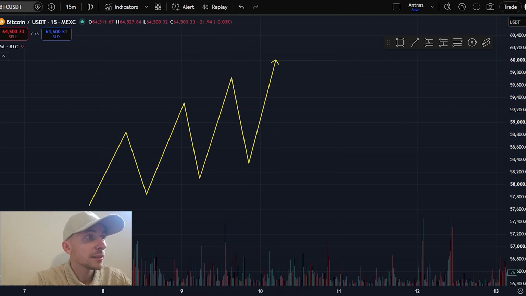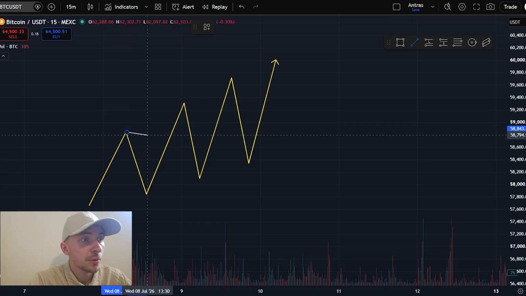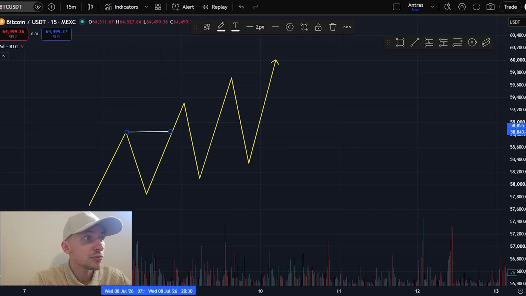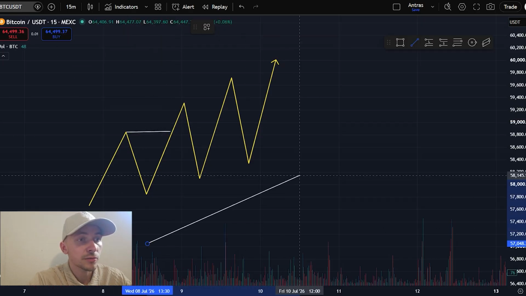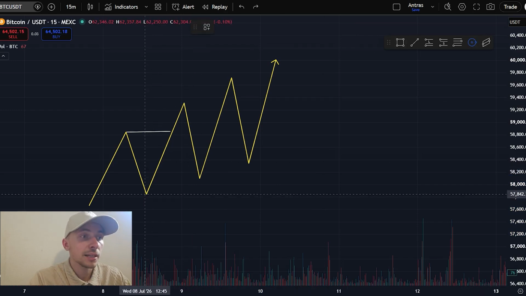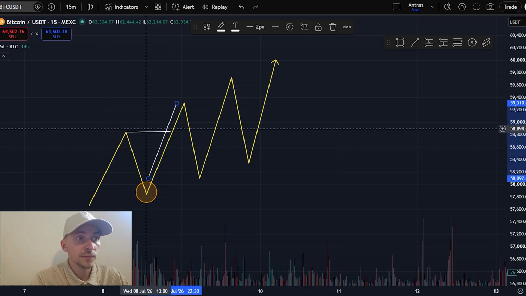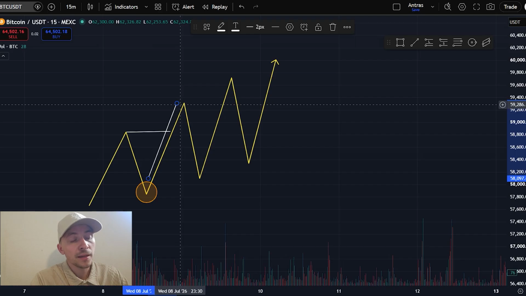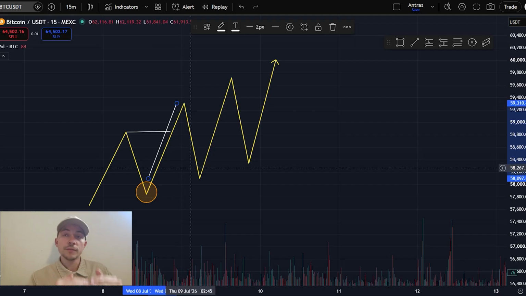And here what do we have? We have the BOS, the trend continuation where the price is going up. The price creates a higher low, like in this scenario, and after that makes a new break of structure right here. After that it's gonna try to fill the gaps.